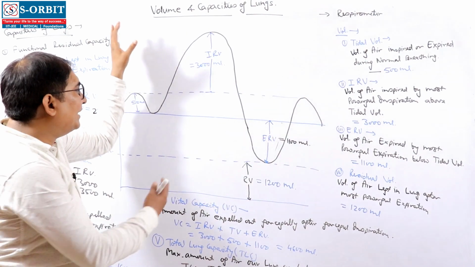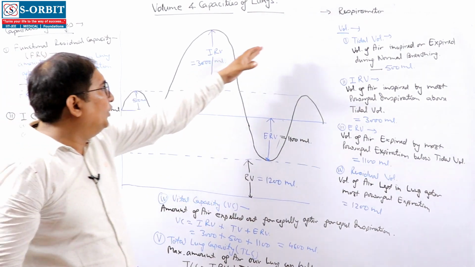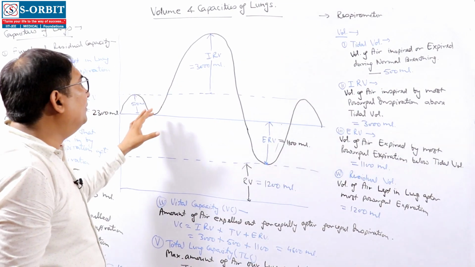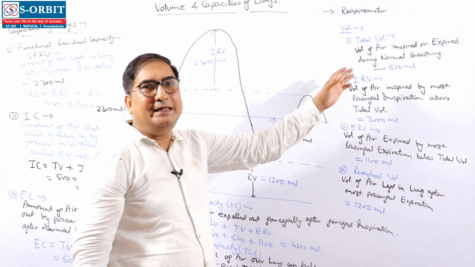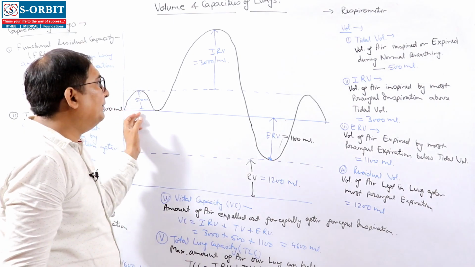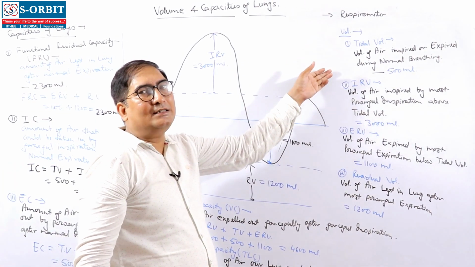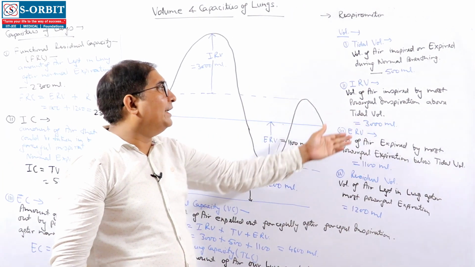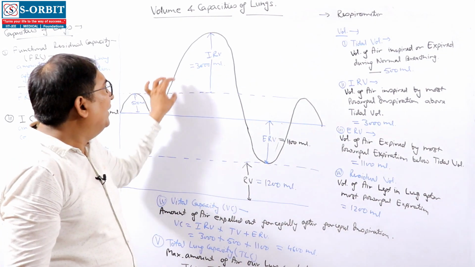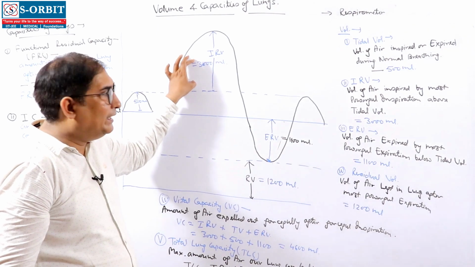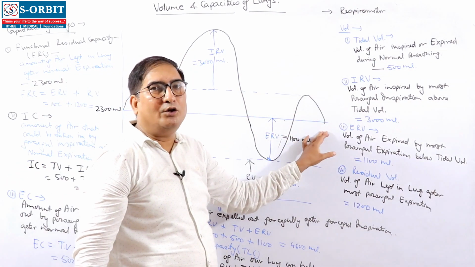And if we summarize it up, then the volume, the first one is the tidal volume. Tidal volume is the volume of air inspired or expired during normal breathing, which comes out to be about 500 ml. Next is inspiratory reserve volume. It is the volume of air inspired by most powerful inspiration above the tidal volume, which comes out to be about 3000 ml. Next is expiratory reserve volume.